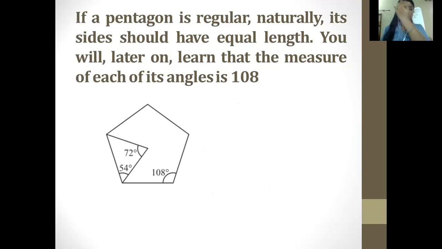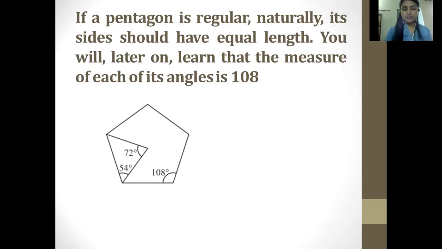Now, related to that, we also have another question. If a pentagon is regular, read the question carefully, naturally its sides should be equal in length. You will later on learn that the measure of each of its angles is 108.